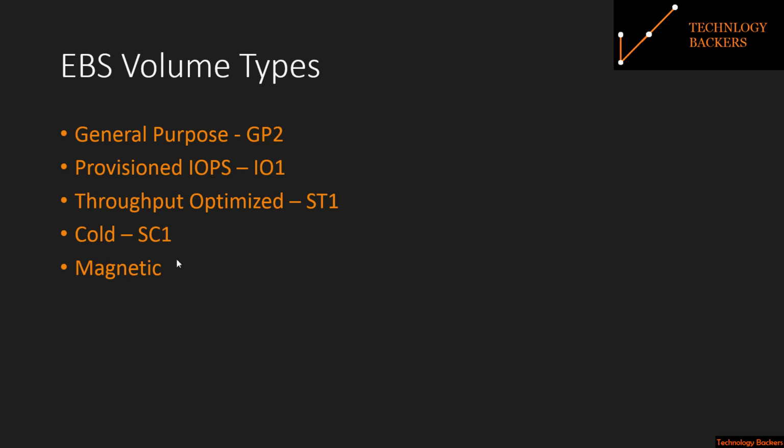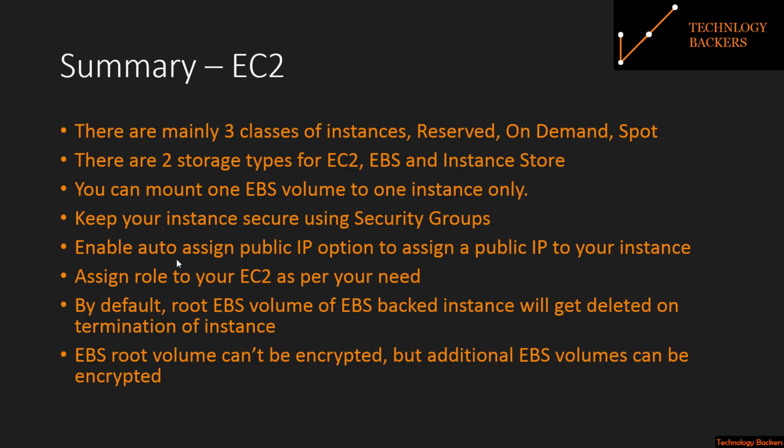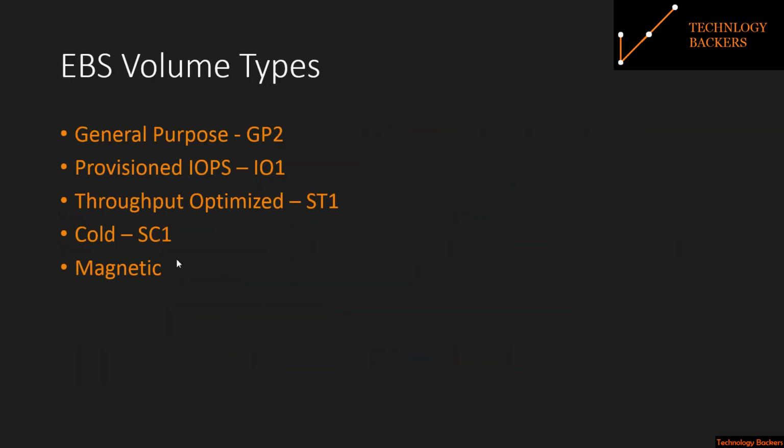The other three are throughput optimized, cold, and magnetic. These three are HDD volume types. Throughput optimized is used where frequently accessed data is required, and magnetic is used where infrequently accessed data is required.